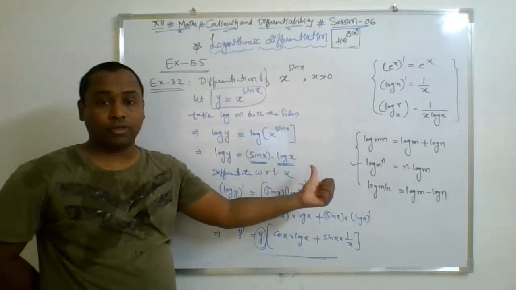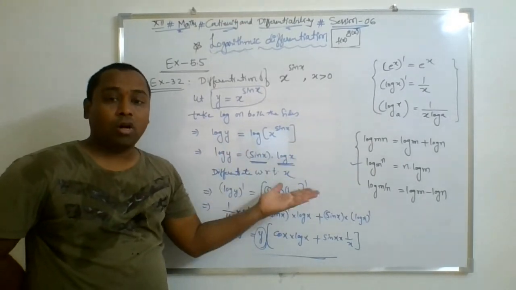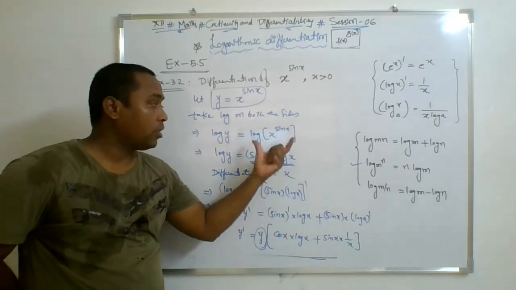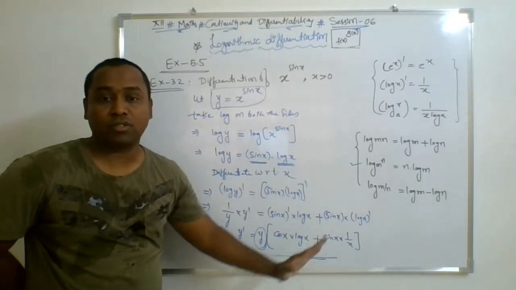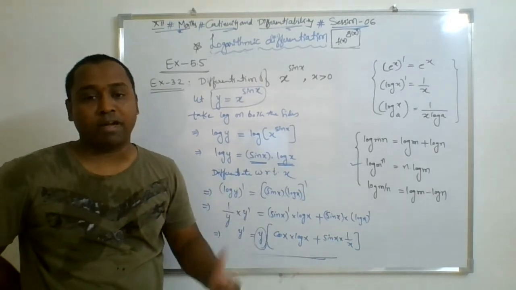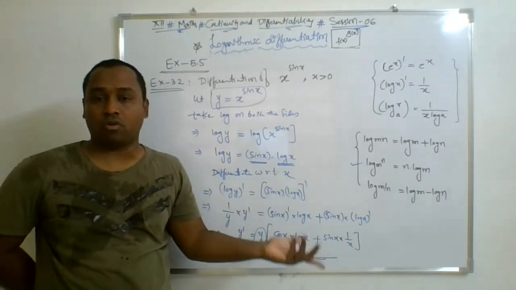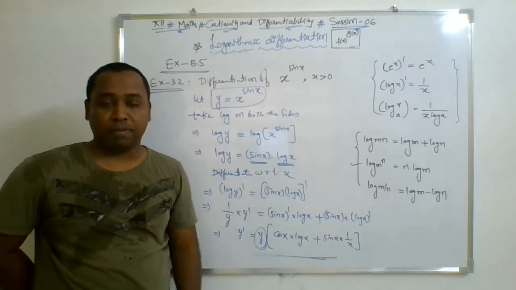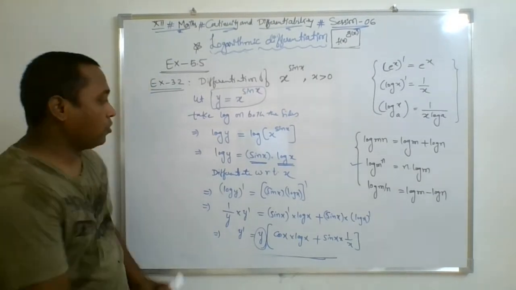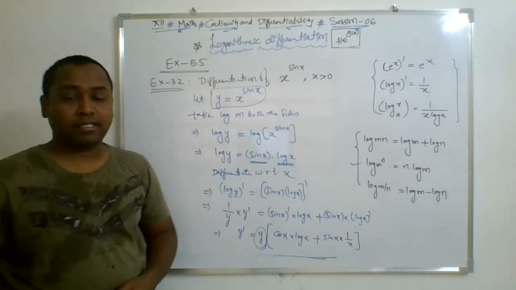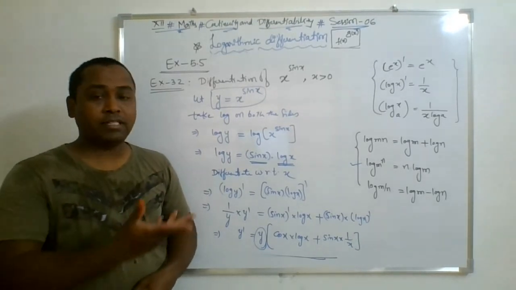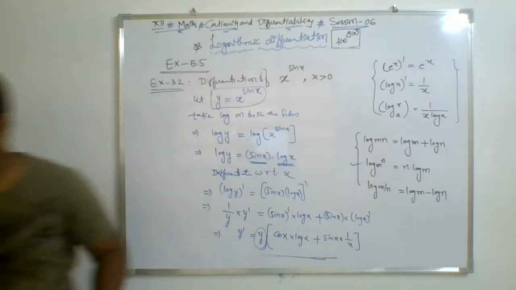Take log on both the sides, apply the logarithmic properties first to make the function simple, and then go for the differentiation process as usual by using product rule, chain rule, quotient rule, whatever is applicable thereafter. So this is the fundamental question I took. Now I am taking a complicated sum where the logarithm makes the question so simple.